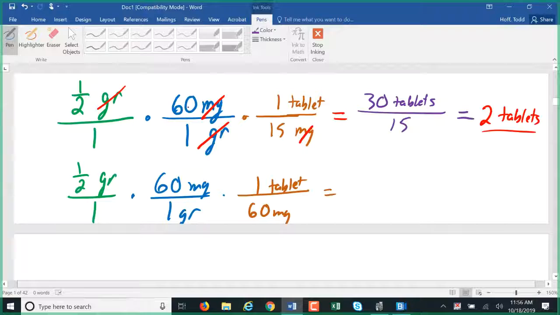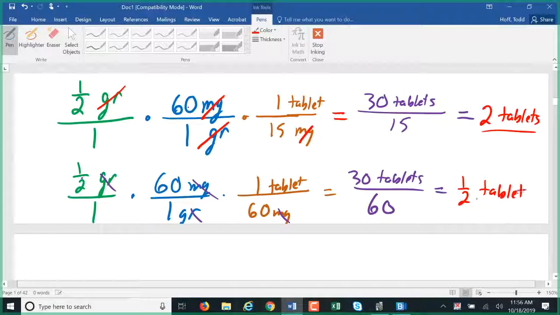We multiply out the top, it's still 1/2 times 60 times one tablet, that's still 30 tablets. However, on bottom, it's 1 times 1 times 60. We divide out 30 tablets divided by 60 is 1/2 a tablet. Which is more accurate to give to the patient?